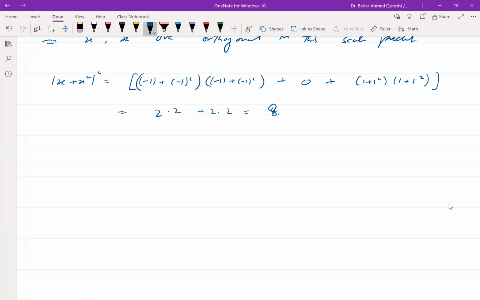So the Pythagoras holds, because these were just the norms of these.